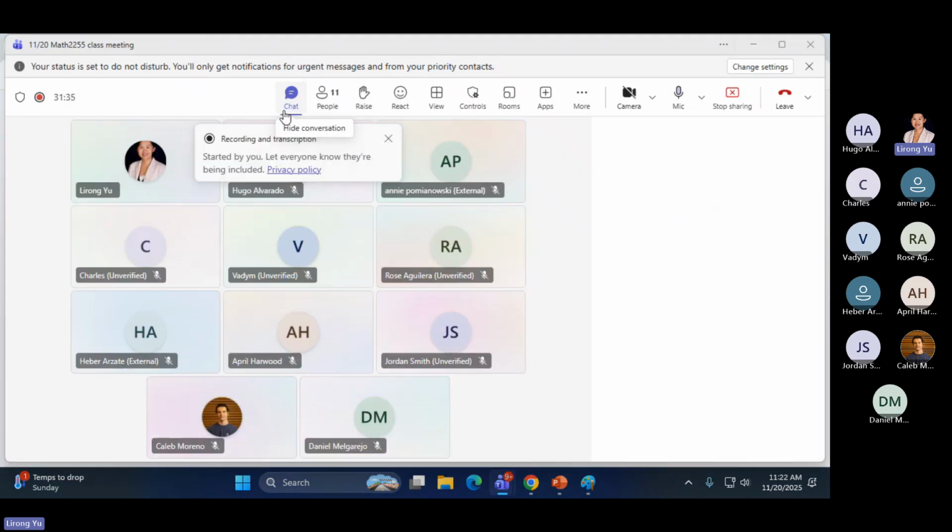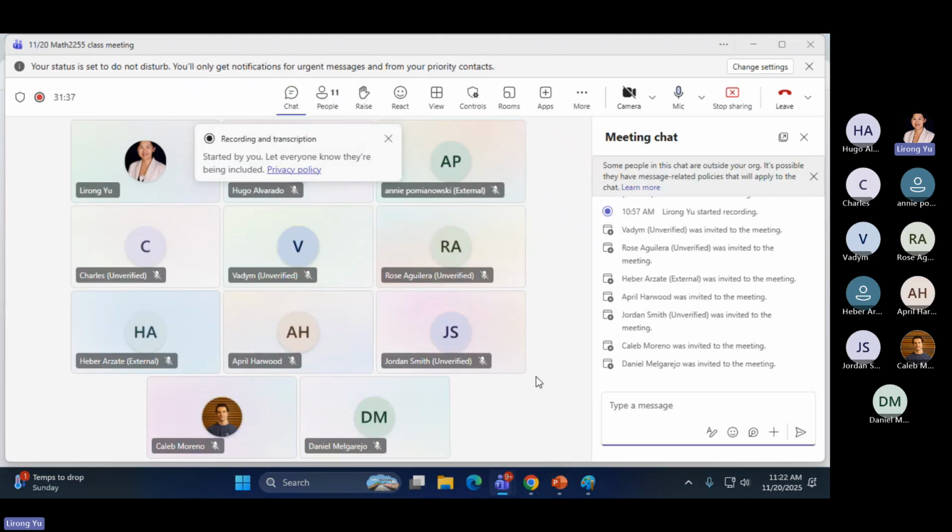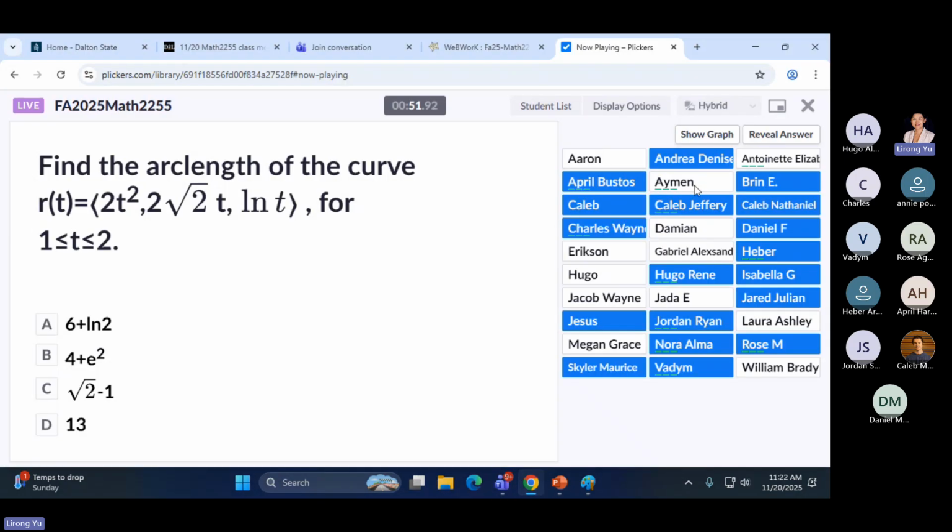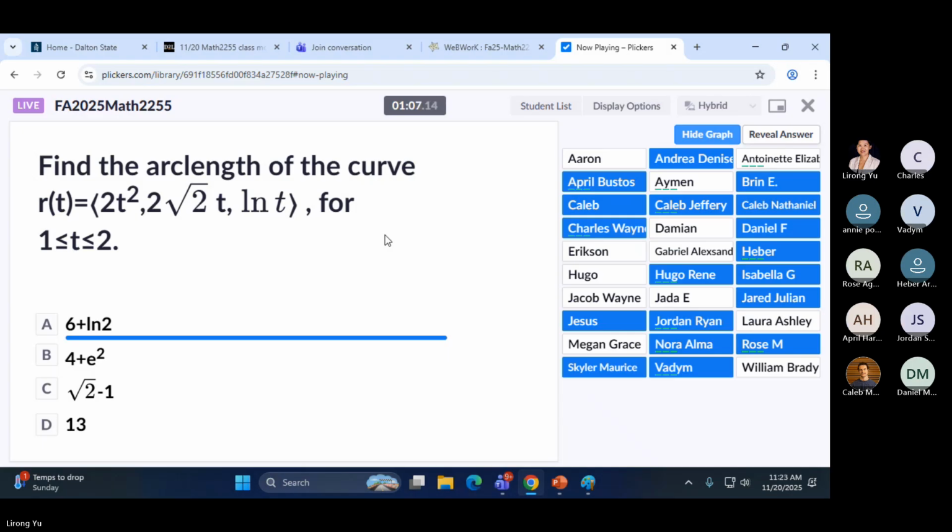If you need the link to the platform, please let me know. But I saw that the line is lining up, so I assume you already have that page open. So I wonder what you actually answer for the question. The answer should be 6 plus natural log of 2. I'll wait a little bit.